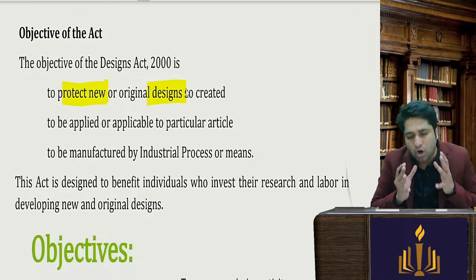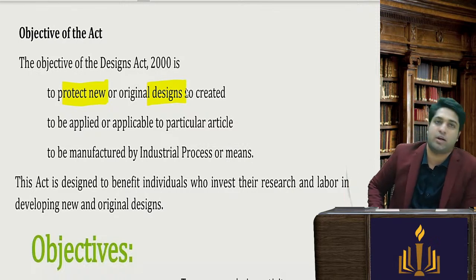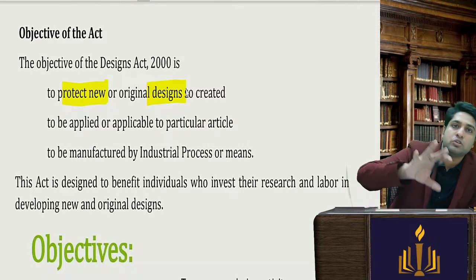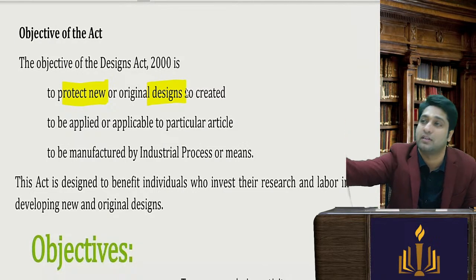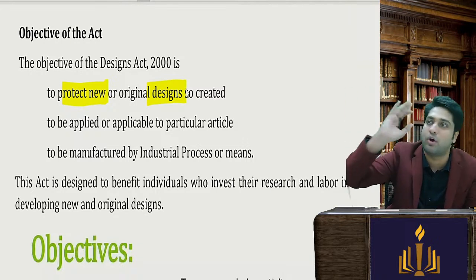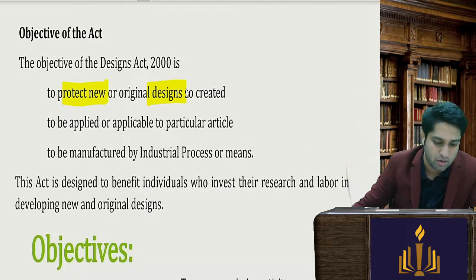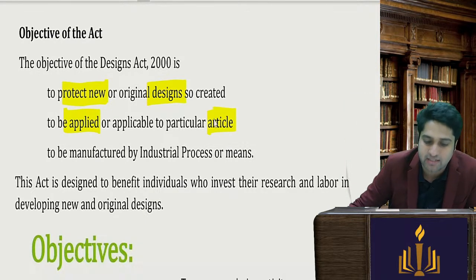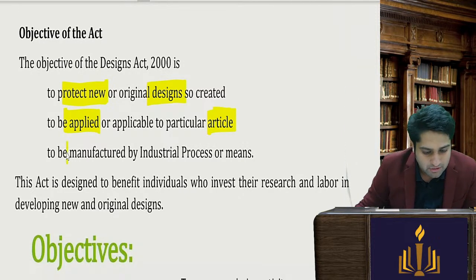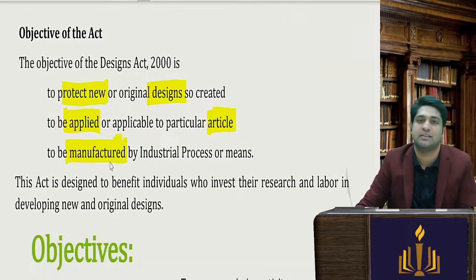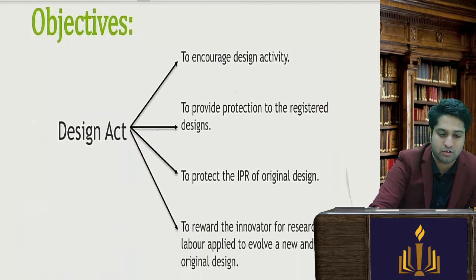So someone who has thought a lot and then made a beautiful article, we need to protect them. Second, we also have to give that right to the creator, that you can apply it wherever you want, you can sell it to whoever you want, you can license it to whoever you want. So you have a right to apply that shape on that particular article, to process and manufacture that particular thing, and you can file cases if someone makes unauthorized use.